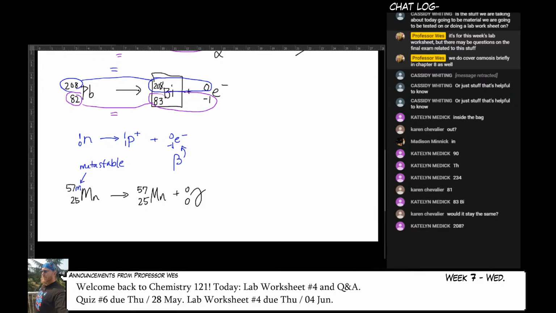And when it does that, the entity that's released is a gamma ray. The take-home message for gamma radiation is that some isotopes can do this, and if you see the m after the mass number, then it is capable of gamma radiation. And that's really all you need to know for that.